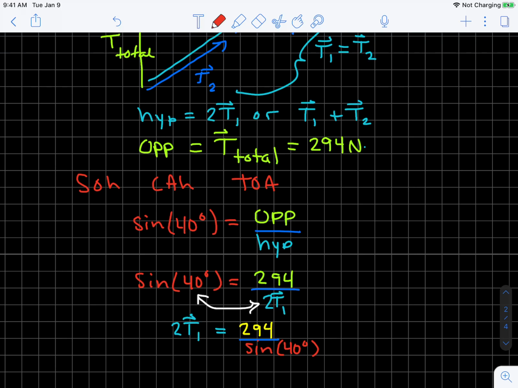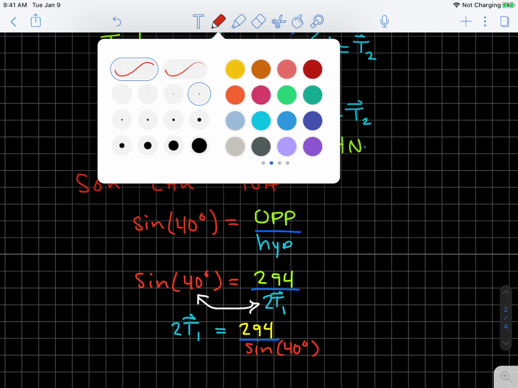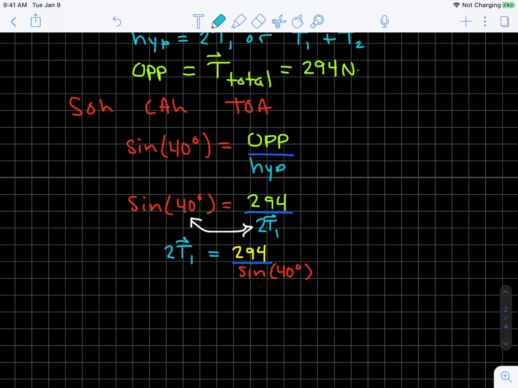And if I take my calculator and I type this in, I get 2 of the tensions are equal to 457.3, approximately 457.3 newtons.